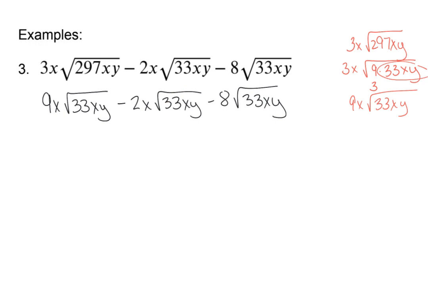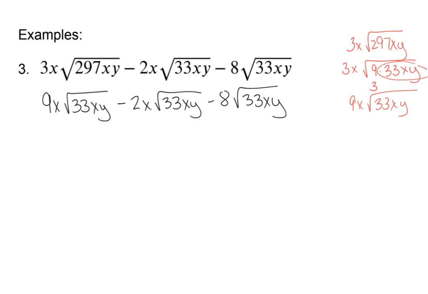But then on closer look, do you see how this guy out front is a 9x? This guy is a negative 2x, and this one is a regular old little 8 without an x. So as you know, we can't put x's with guys that don't have x's when we're adding and subtracting.